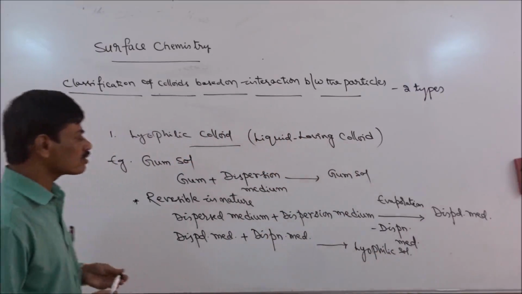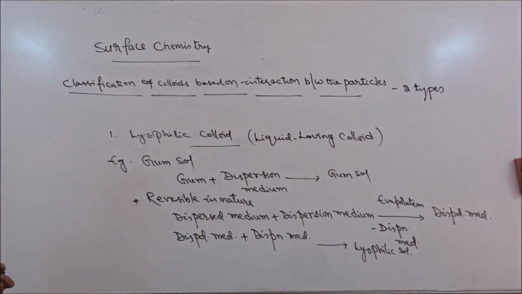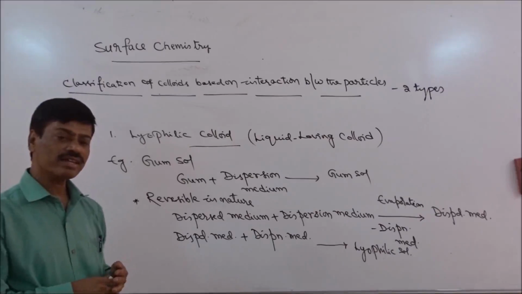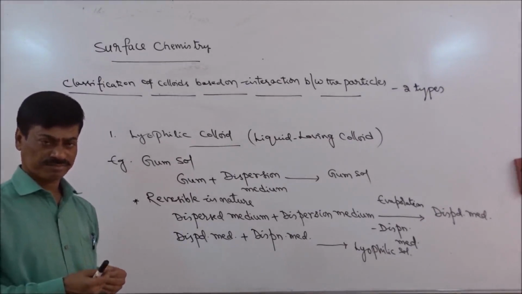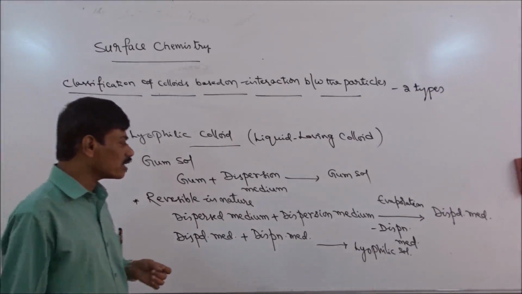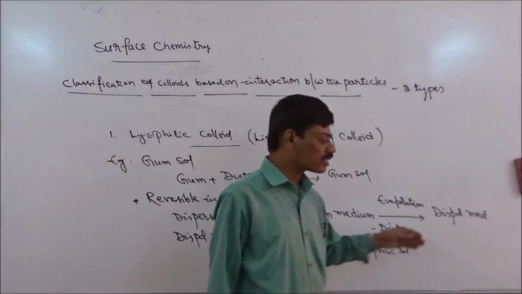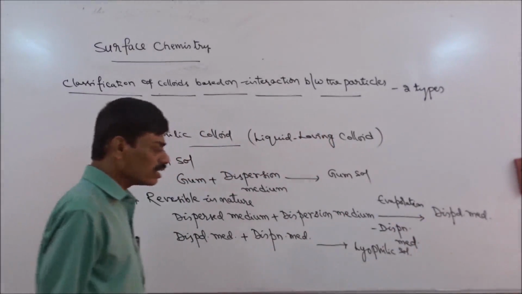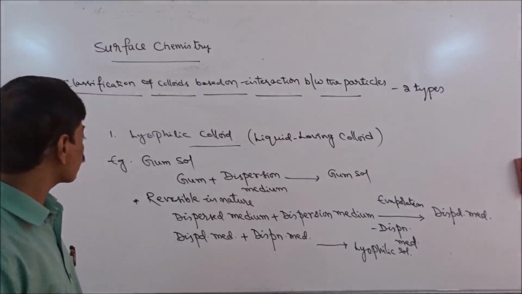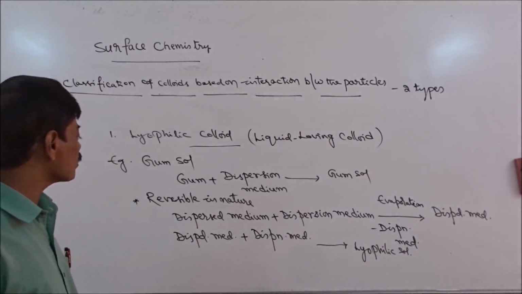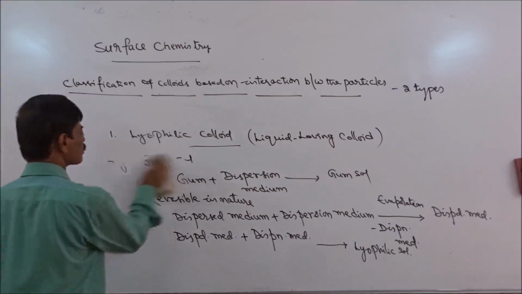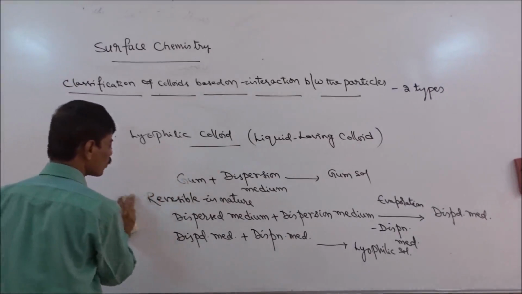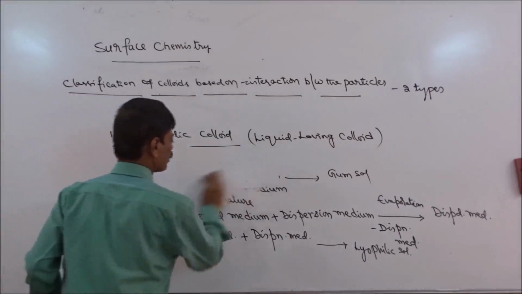So in this way we can separate one of the components of the lyophilic salt by evaporation, and thereafter if we add the dispersion medium to the so formed dispersion medium, again we will get back lyophilic salt. So in that way lyophilic salts are reversible in nature. That is one of the salient features of lyophilic colloids.